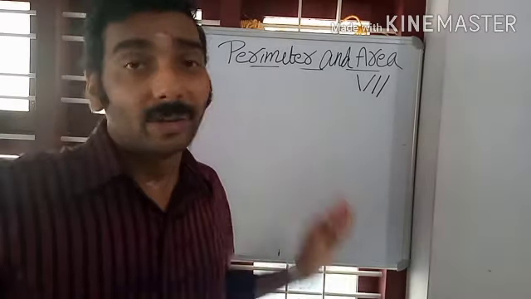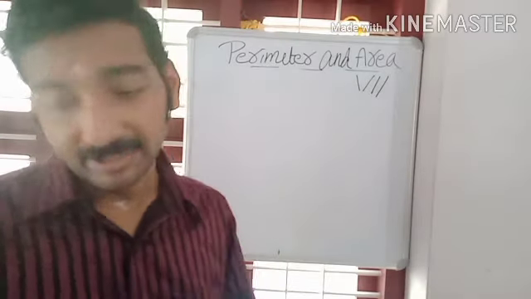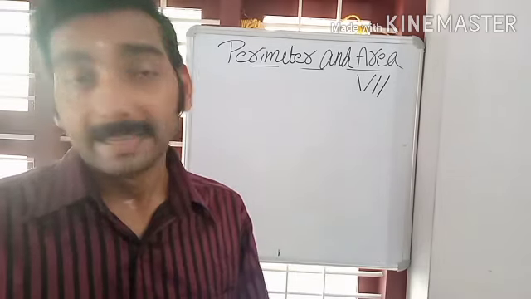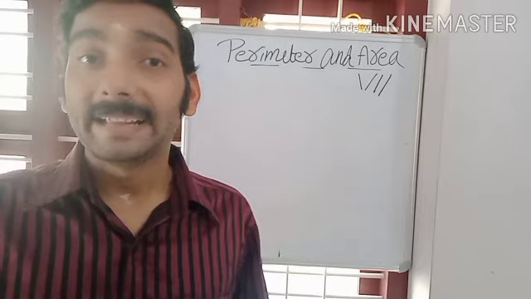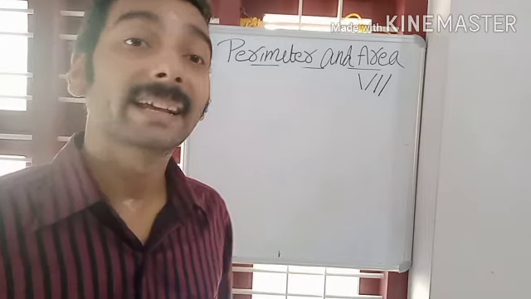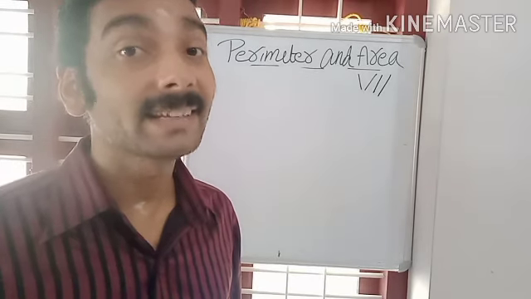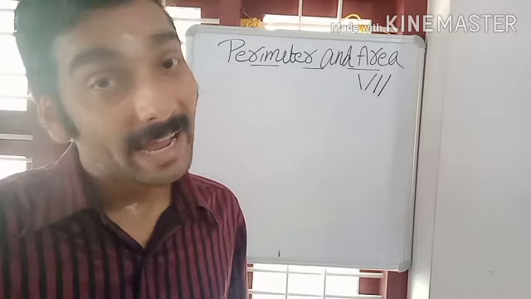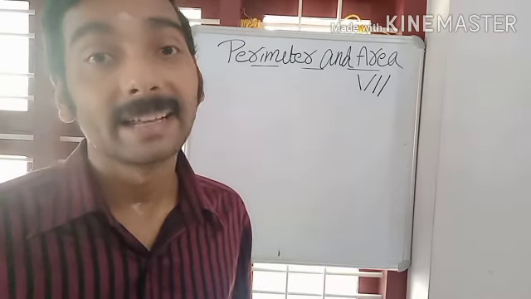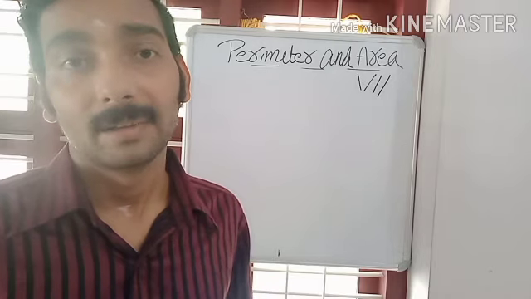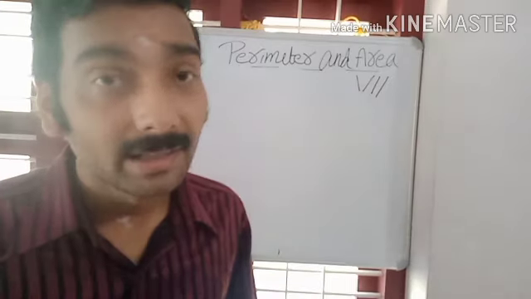Today we discussed some important questions in this chapter: the circumference of a circle, then the perimeter of a semicircle.